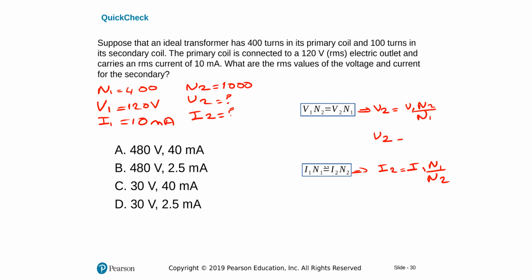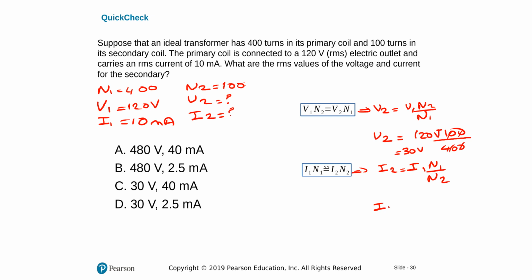So V2 is equal to V1, 120 volt, and N2, 100. I put 1000 there, I just noticed. Sorry about that. It's 100 turns. Divided by 400. I can drop these zeros. 12 over 4 is 3, so 30 volt.